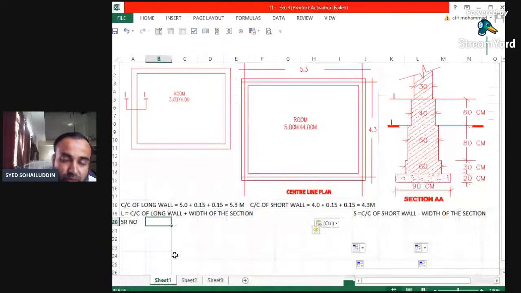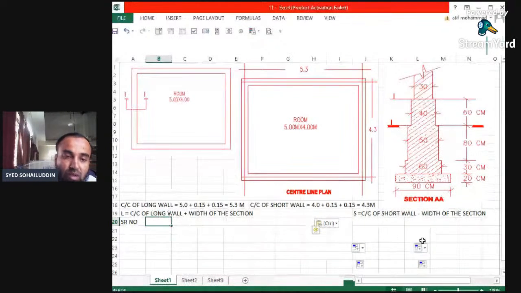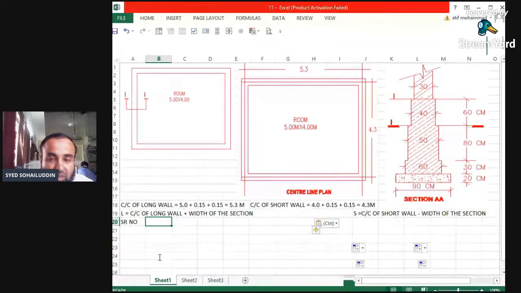Nowadays we are using frame structures, but load bearing structures are also used in some cases. Load bearing calculations are also there. As it has been mentioned in the syllabus, we are covering load bearing structures. Frame structures are nothing but column, beam, slab, but load bearing structures are nothing but this part.